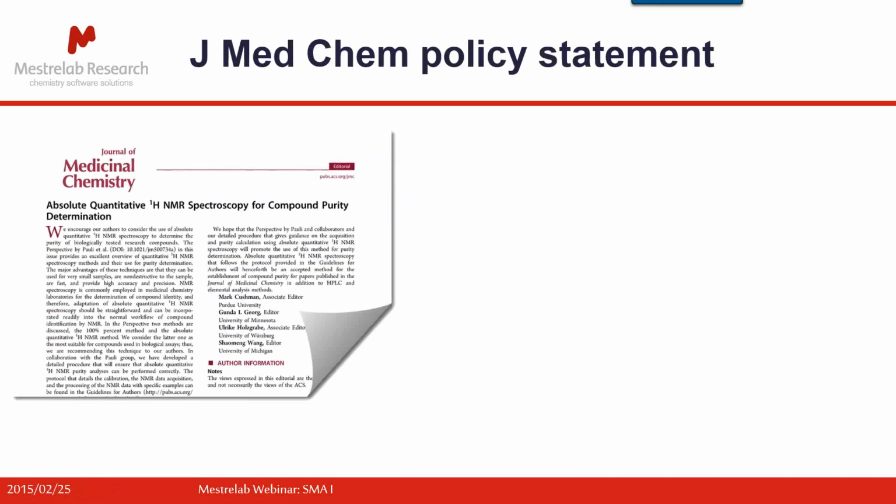So the first of these is interesting because there's been a recent statement from Med Chem where they basically say that if you want to determine compound purities, they really would like you to use quantification using proton NMR spectroscopy.